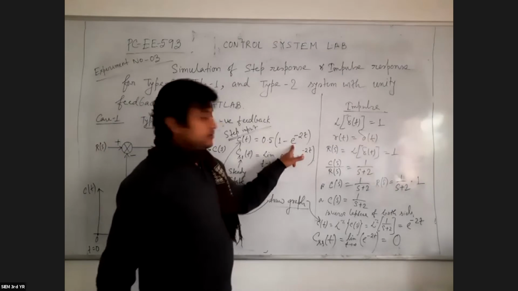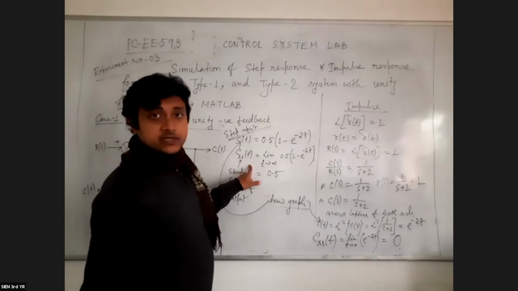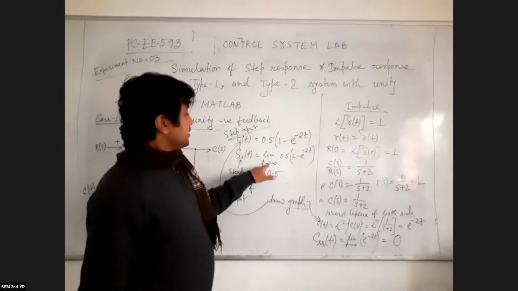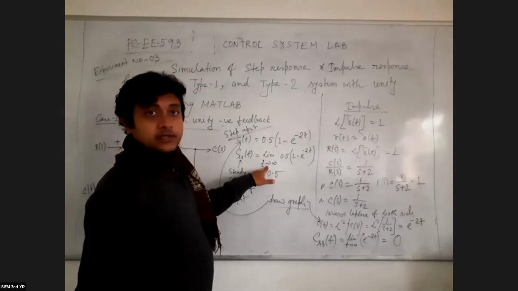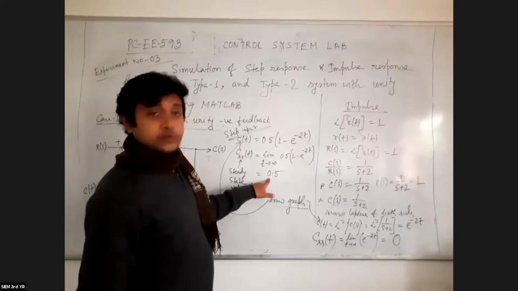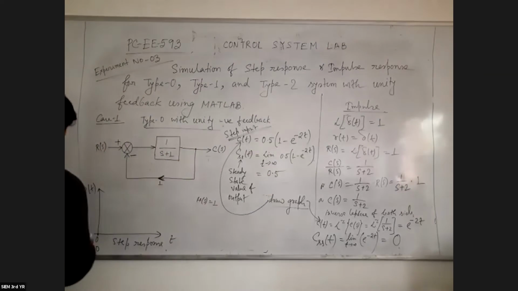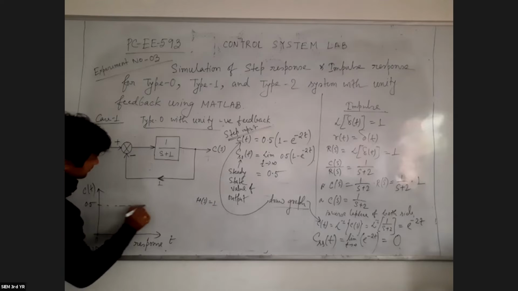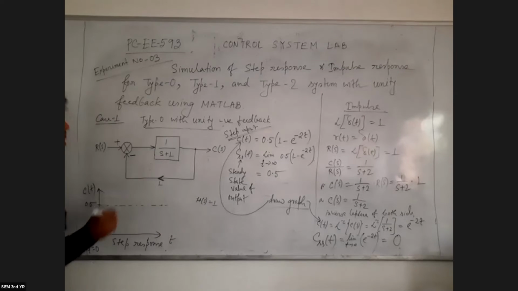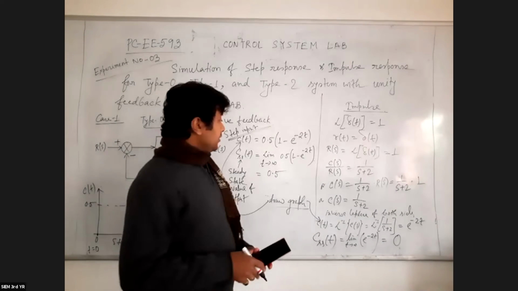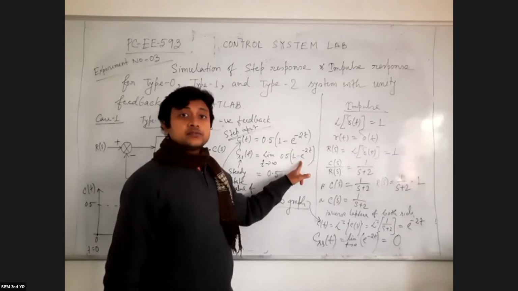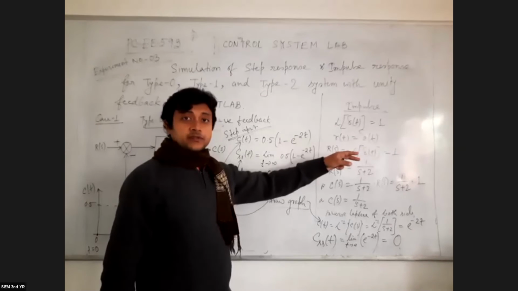And the final value, as we obtained for the steady state output, becomes 0.5 as t tends to infinity. So let this value be 0.5.